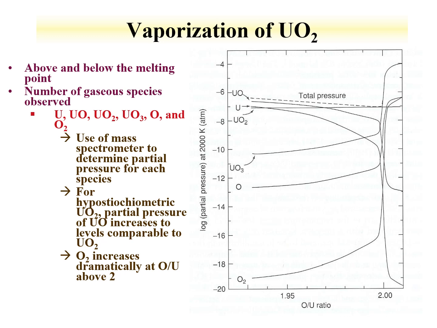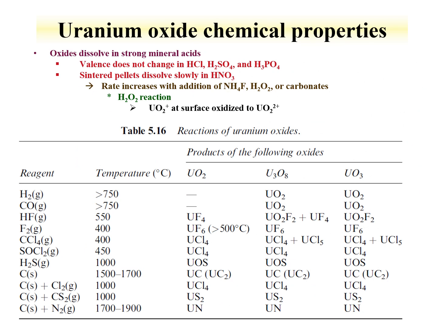So fuel can be tuned so that material will have properties of a certain oxygen to uranium ratio so that the fission product chemistry can be controlled. And the way one determines the oxygen to uranium ratio is through the enthalpy experiment that was done earlier or this vaporization experiment. So an overview of the chemical properties of uranium oxide is shown here.